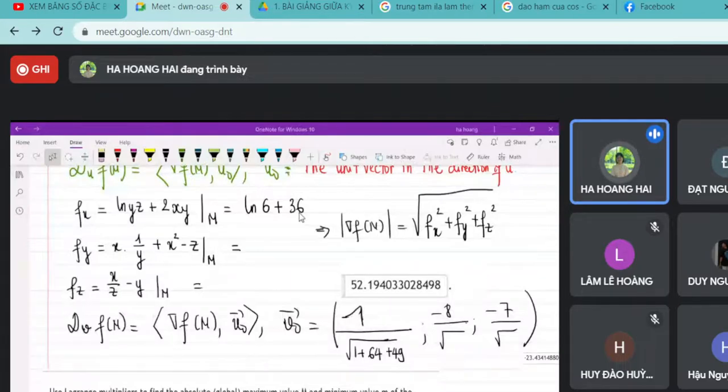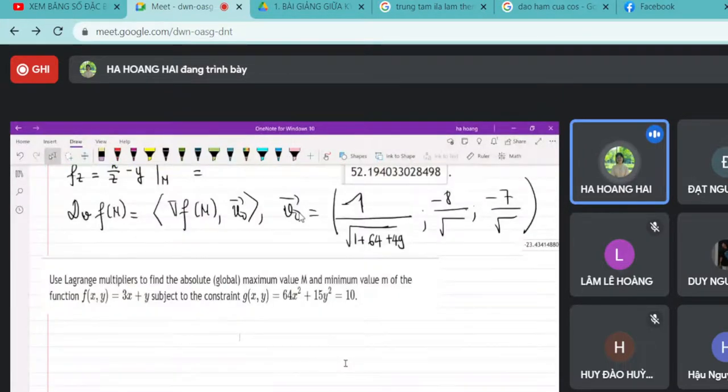Okay, so for this question, we do similarly to the previous one. We use the multiplier, right? In order to use the multiplier, we need to show the system: fx minus lambda times the condition.